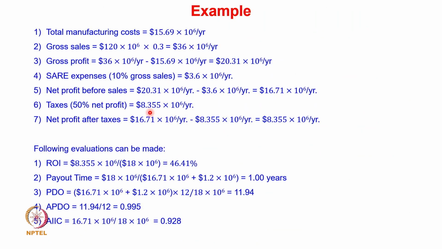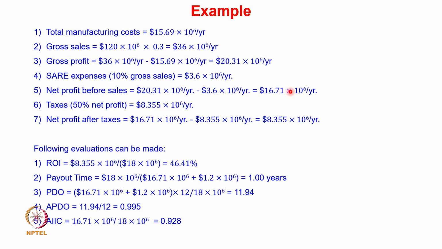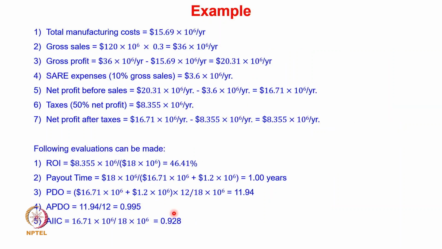So you can see that in this case, 18 into 10 raised to power 6, that is the total capital investment, divided by, in this case, the net profit before the sales, 16.71 into 10 raised to power 6, plus depreciation. So depreciation values also we have calculated. So depreciation is 1.2 into 10 raised to power 6. If you include that here, added, with that the payout time comes around 1 year. Okay.